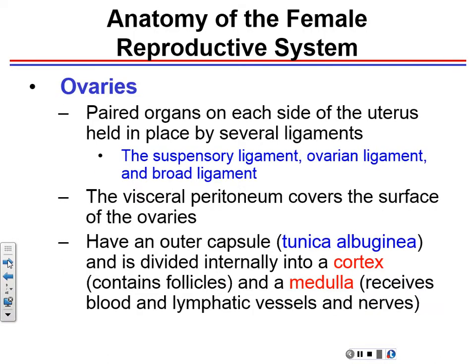Okay. So the ovaries, like we said, they are the primary reproductive organ, and they're suspended in the abdominal cavity here. And so these suspensory ligaments are important, right? So it's held in place by the suspensory ligaments. The suspensory ligaments kind of sort of suspend it.